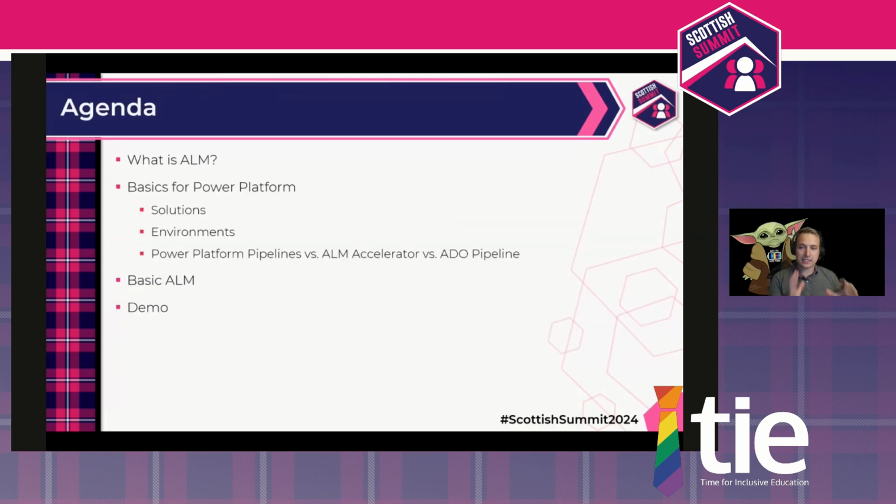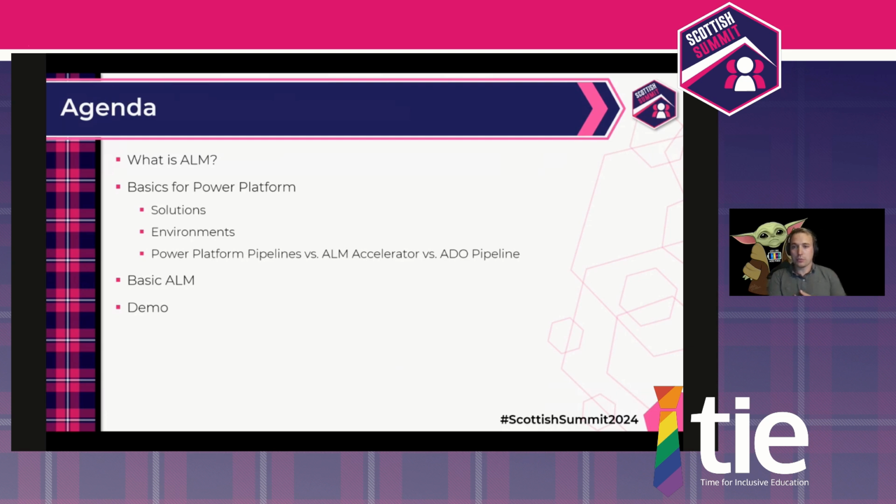So let's come to the chase. In today's session, we will talk about what is ALM and the basics for the Power Platform to get us all on the same level, like what are solutions and environments. Then we will talk a bit about the difference between Power Platform pipelines, ALM Accelerator, and ADO pipelines, which could be applied to GitHub Actions as well.